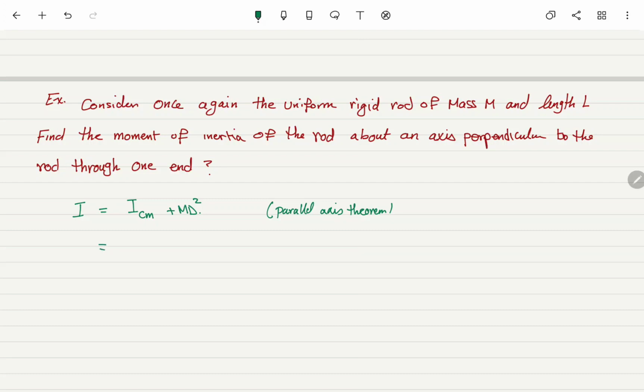So you do the math here. Moment of inertia about its center is 1 over 12 m l square, plus now d here is the mid length, l over 2 squared, so in total 1 over 3 m l square.